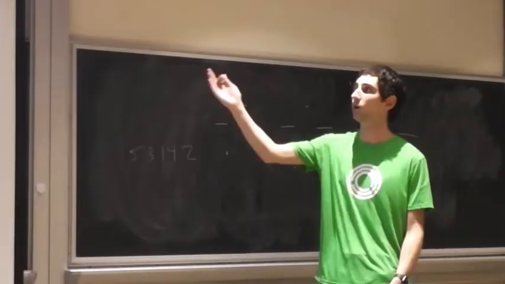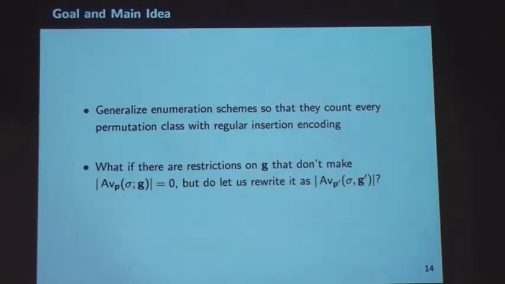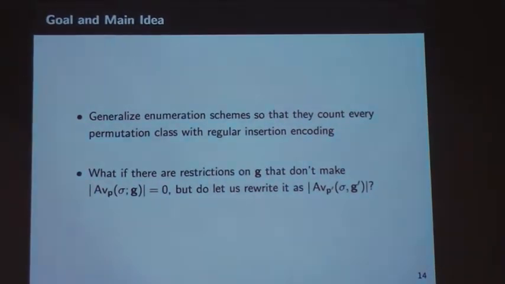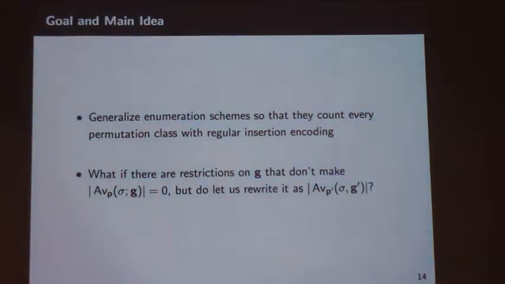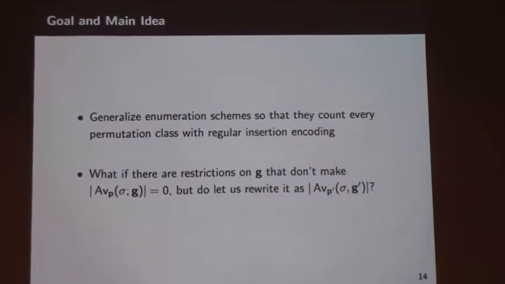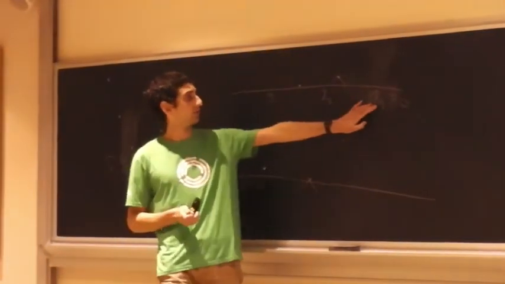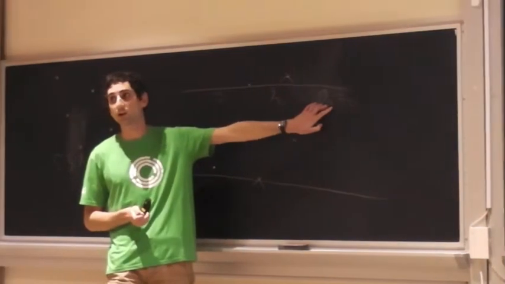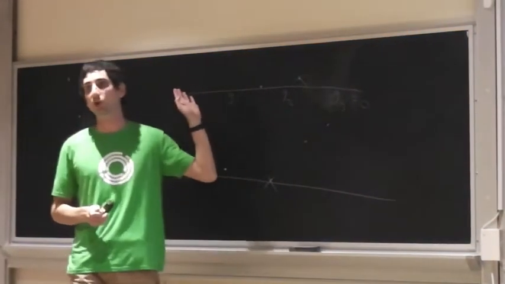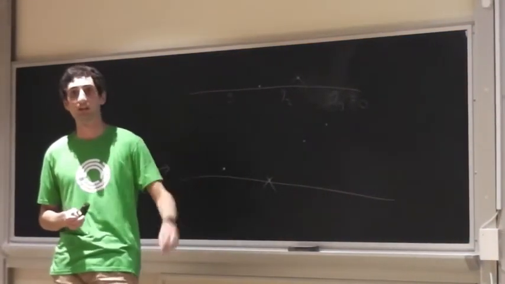All right, so here's the goal, which is, I guess, what I just said. And here's the main idea of flexible schemes: what if there are these gap restrictions that don't make the avoidance class equal to 0, but that do let us rewrite it using a simpler downfix? So over here, we have this gap restriction that if G3 was greater than 0, then we were guaranteed no permutations in our avoidance class.